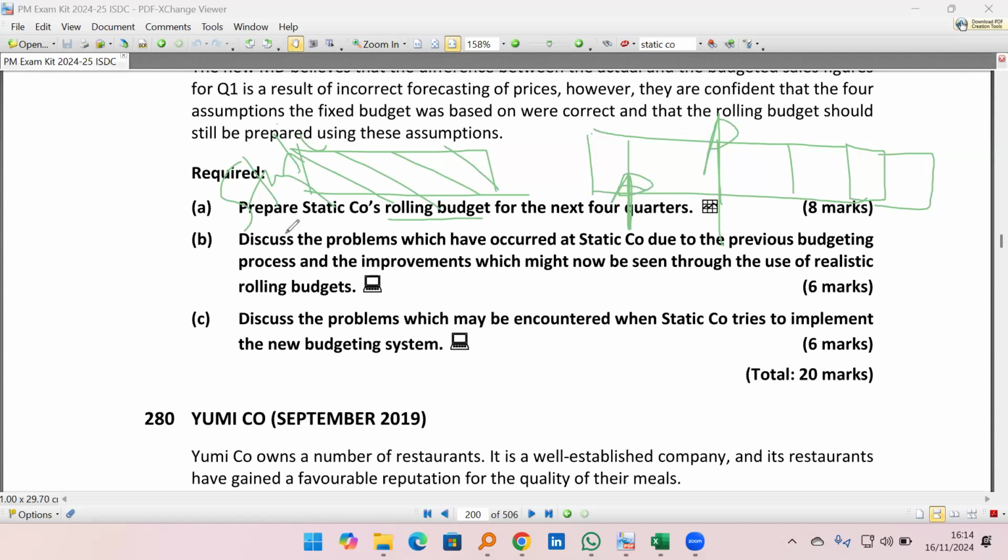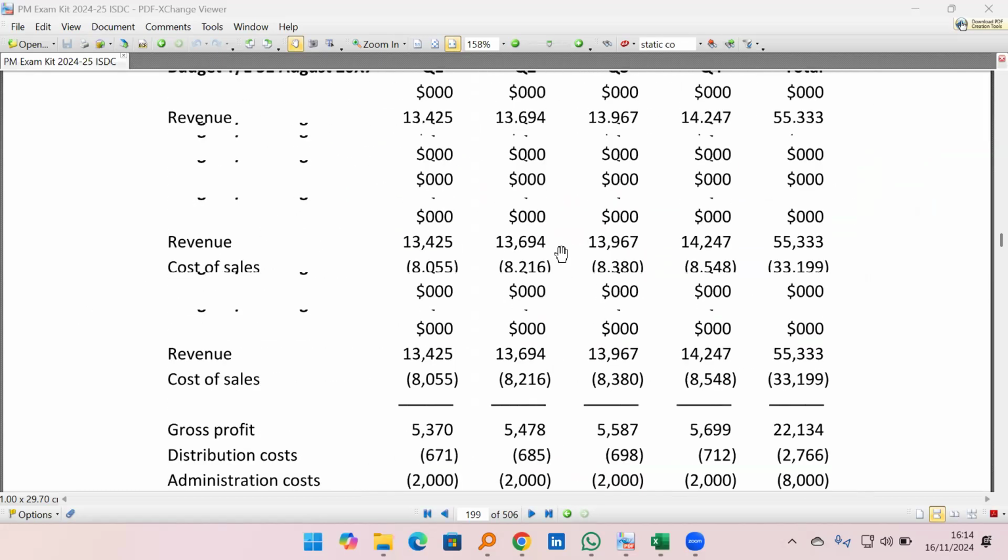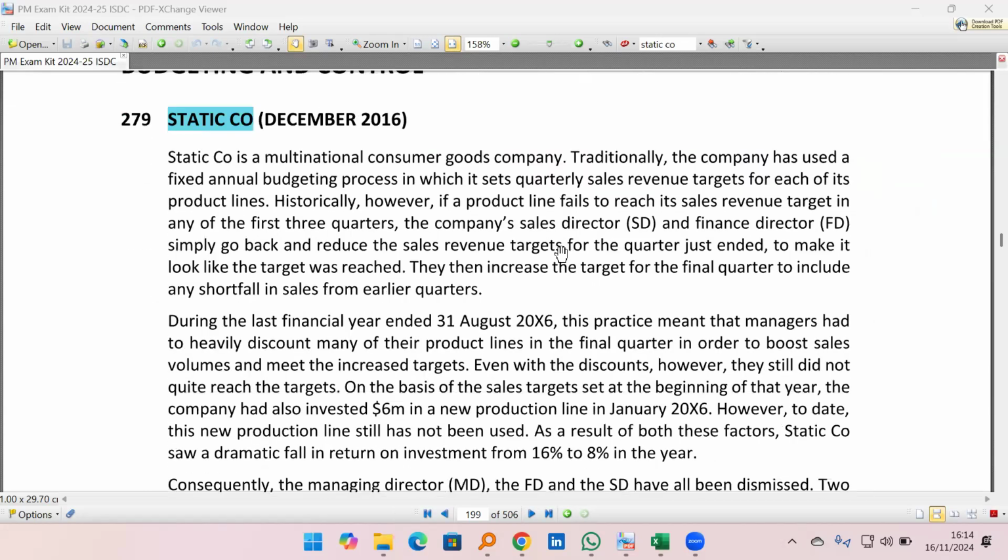So, of course, we shall look at the problems that the static budget has been causing, and the issues they'll have implementing this new budget. But at least now we have some idea what the question wants, so we can go and look at the material that is given, or the scenario.